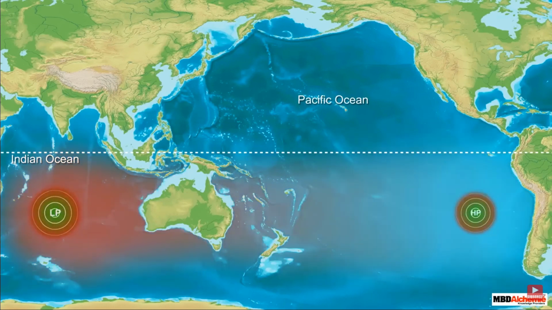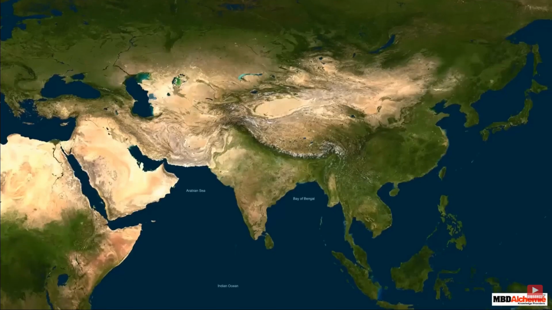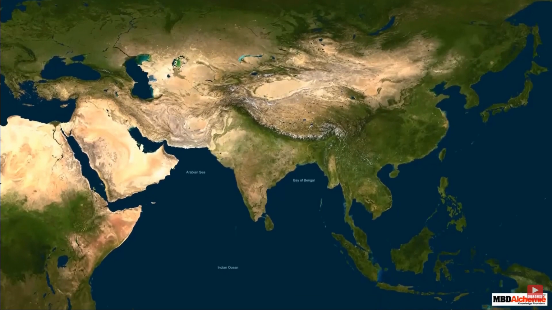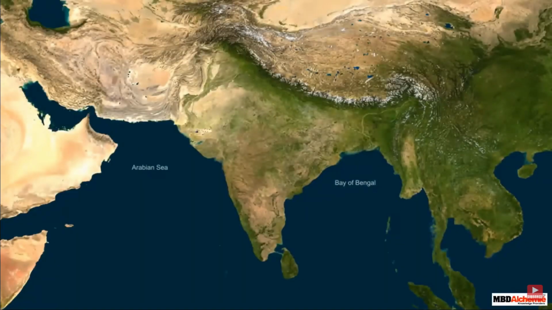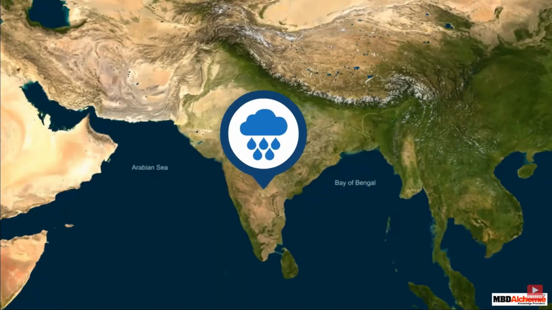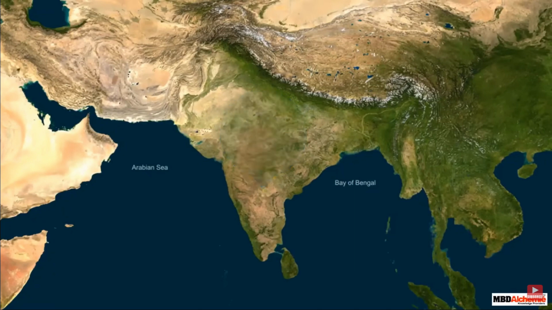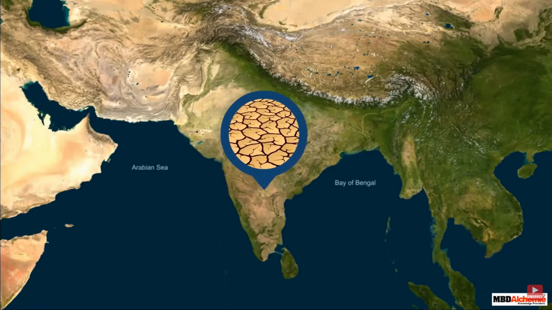This reversal of temperature and pressure condition across the ocean is called southern oscillation. Due to vast uninterrupted ocean in the southern hemisphere, the conditions are felt more than in the northern hemisphere. The normal condition brings moderate to good monsoon, whereas the reverse condition brings drought and famine to the Asian region.